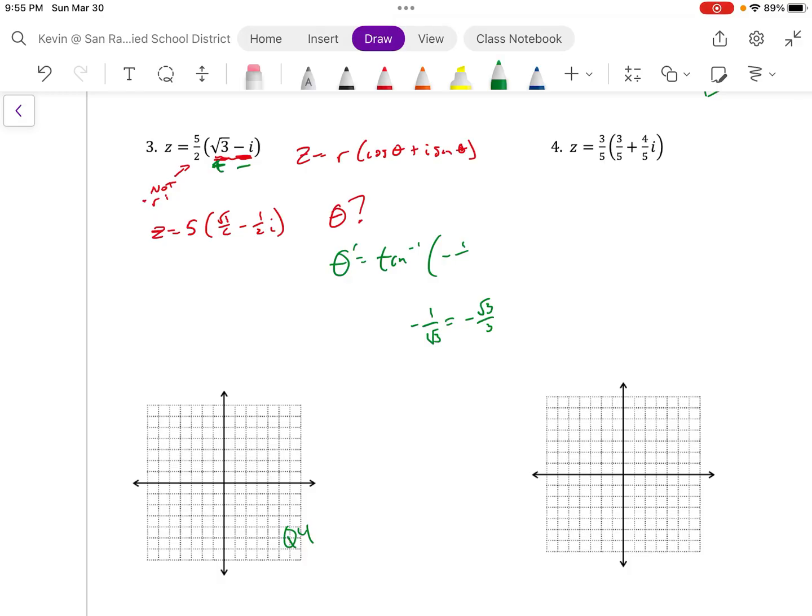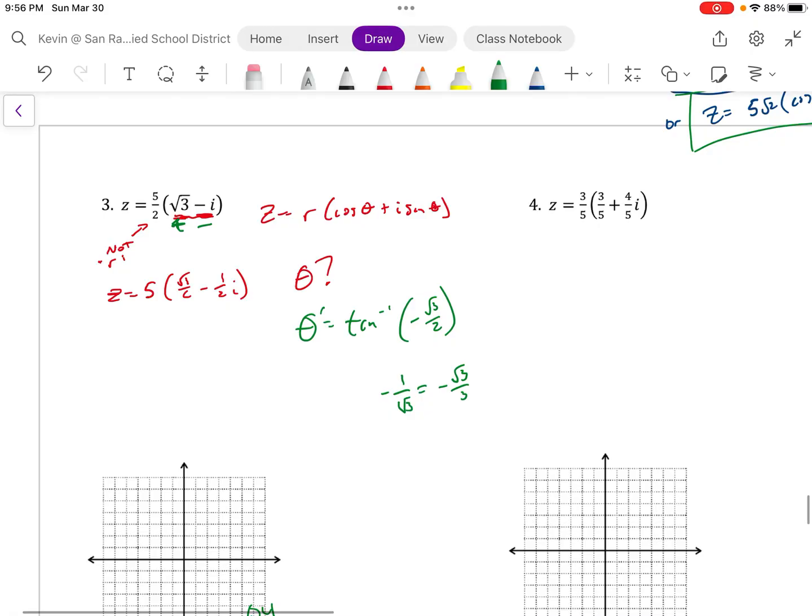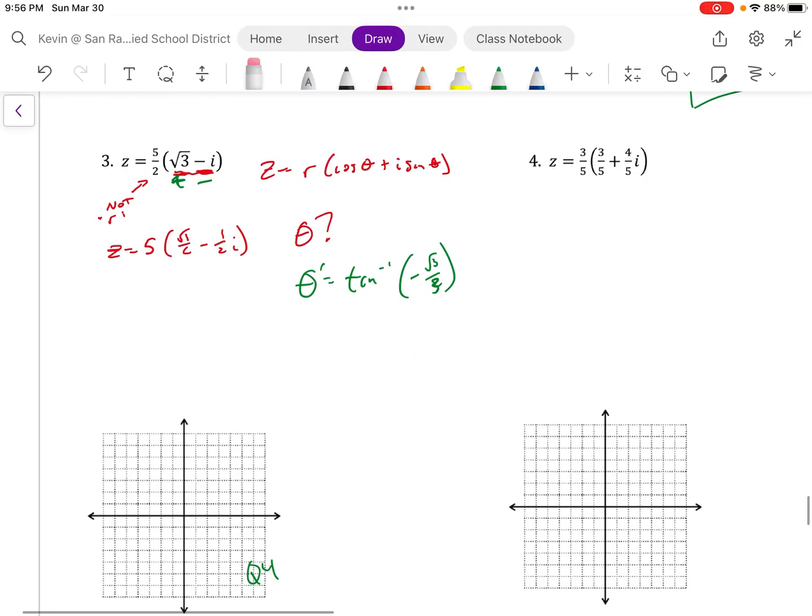So what angle has negative root 3 over 3 as its tangent?